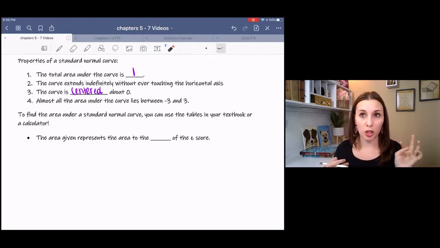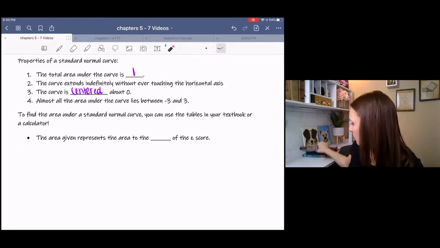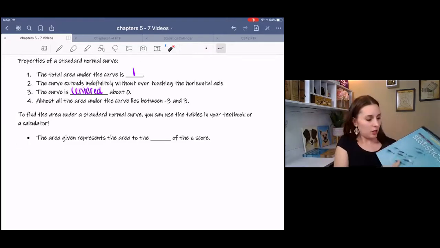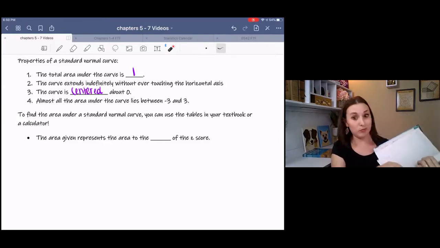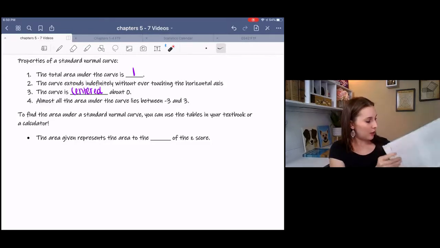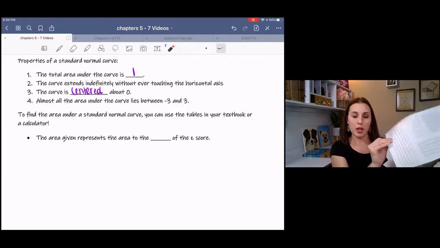in your textbook. I believe it's in the front in this book. There's a little insert. Actually, I ripped mine out in one of my books because I was tired of coming to the front. But if you're renting, don't rip it out. But if you bought your book, you can rip it out. Anyway, it has all the tables on here.